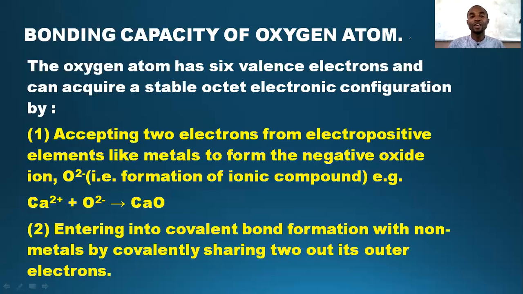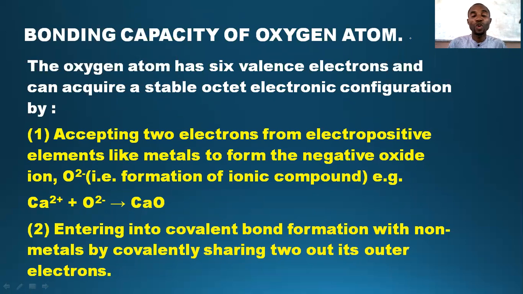Because it has 6 valence electrons, it needs 2 more electrons in order to attain octet structure. So it accepts 2 electrons from electropositive elements like metals to form the oxide ion, O2-, which is the formation of an ionic compound. For example, calcium can give out 2 electrons to oxygen in order to form calcium oxide.